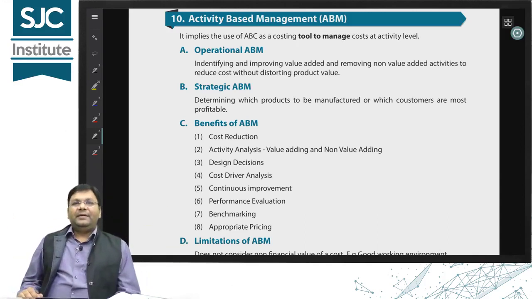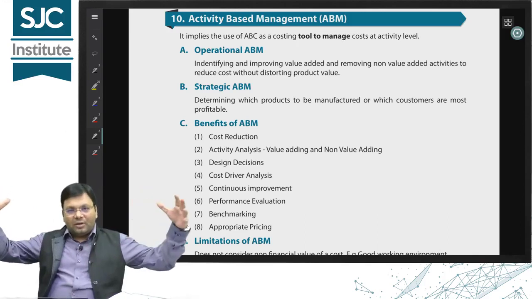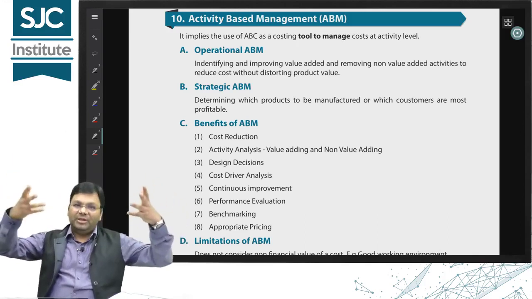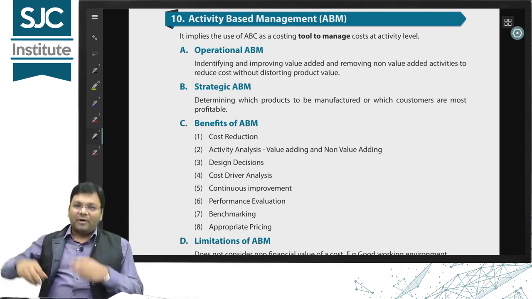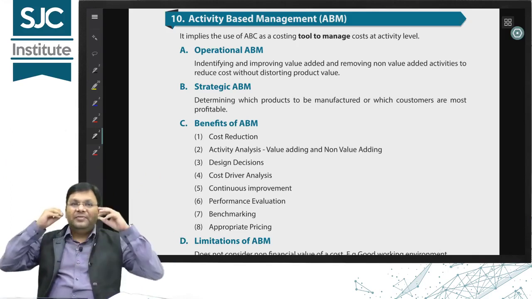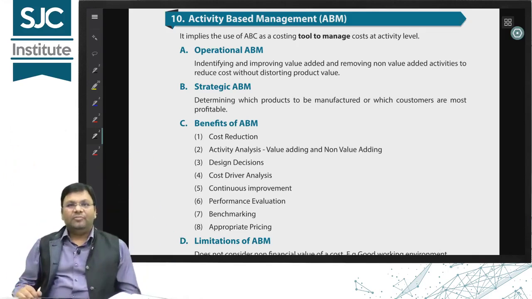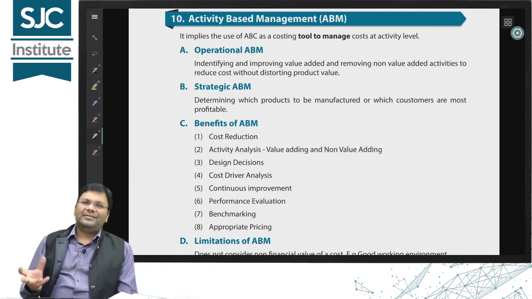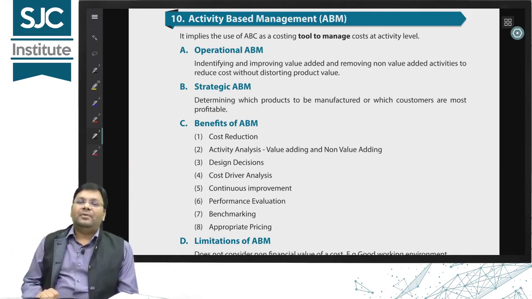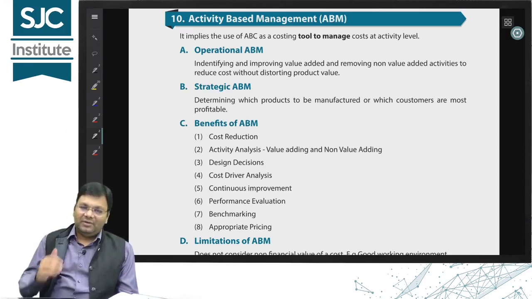You can say ABM is a broader concept which is connecting the future of the company, from whatever happened in the past, with the long-term strategy of the company. ABC is a kind of regular exercise that may happen continuously as and when products are produced, but ABM is not very continuous.